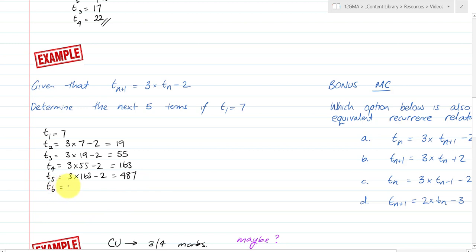And term 6, the fifth of our additional terms, is 3 times 487 minus 2, and that's equal to 1461 minus 2, which is 1459. I might just check that quickly. That's 3 times 487 minus 2 is 1459. Good. And so there are our subsequent 5 terms as requested. Don't confuse the next 5 terms with including T1, because that's not asked to be included.